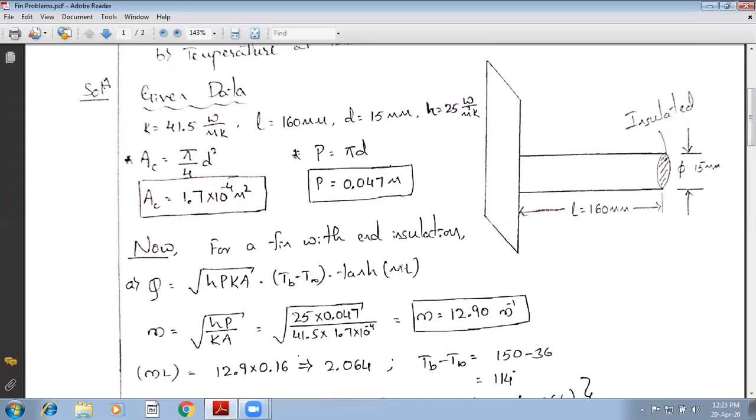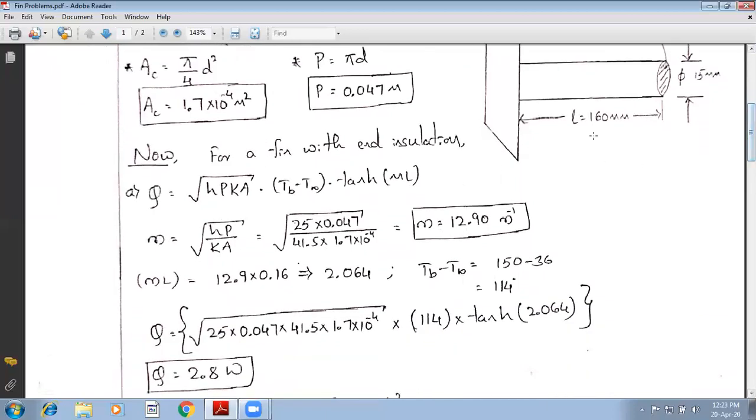Now you need to calculate the product of mL. Before that, first you will calculate m. What is m here? Root of hP by kA, as discussed in the previous class. If you substitute the values, you will be getting m is equals to 12.9 per meter. Now you take the product of m into L. What is L here?